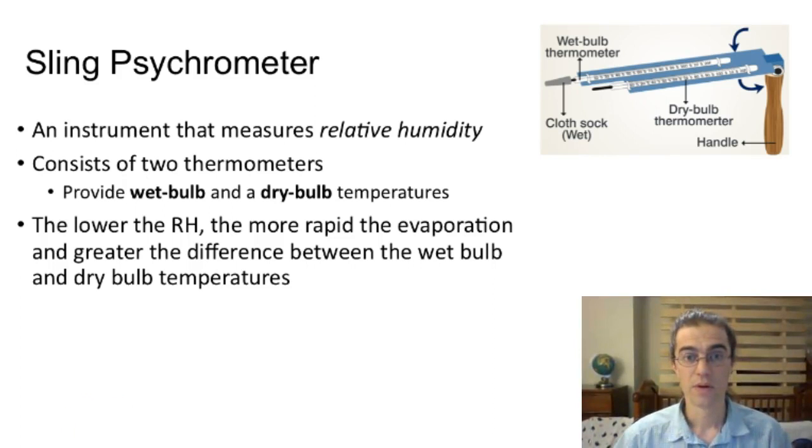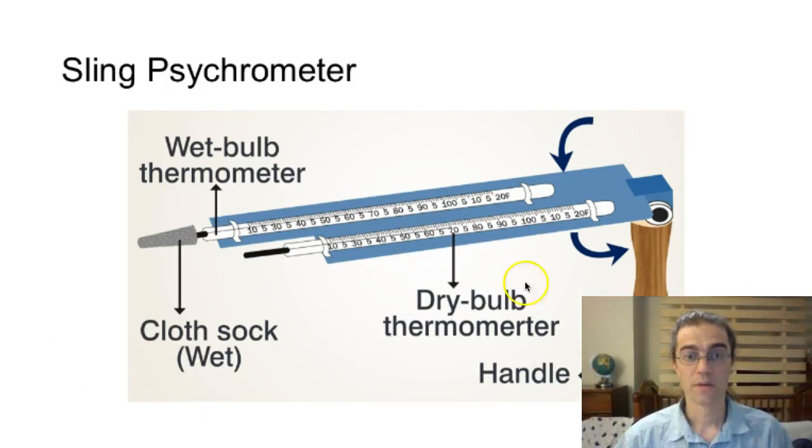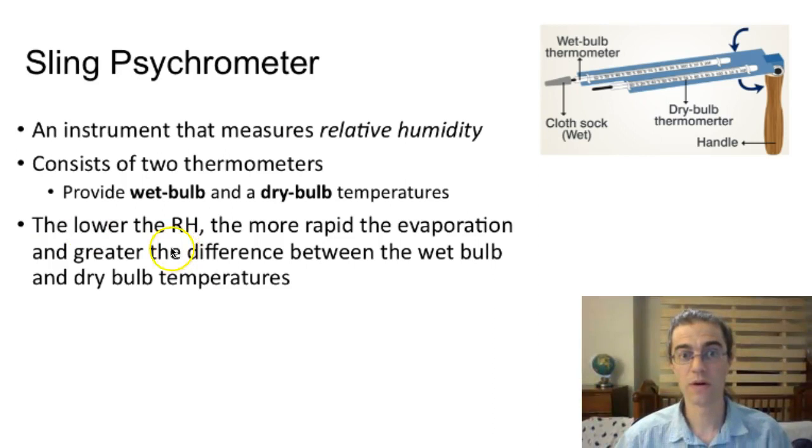I have a larger image of it here for you in a second, but the lower the relative humidity, the more rapid the evaporation and the greater the difference between the wet bulb and the dry bulb temperatures. Okay, that's our other key point to keep in mind for this slide.